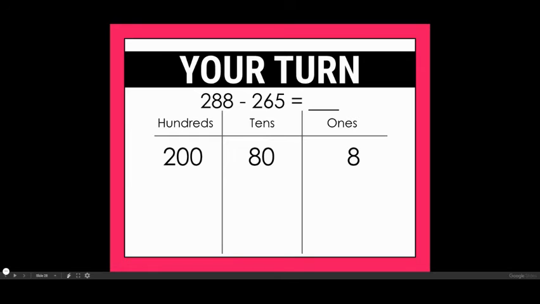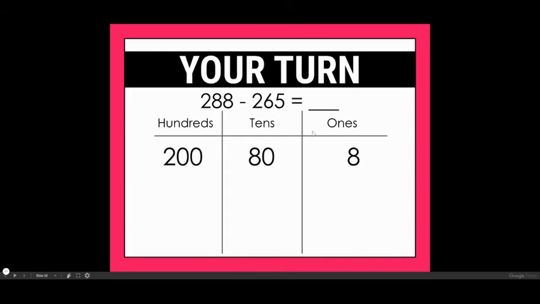Now let's take away our subtrahend. Point to the number that is our subtrahend. It is 265. So let's go ahead and start building that so we can take it away. So let's start in our ones like always. How many ones are in our number 265?